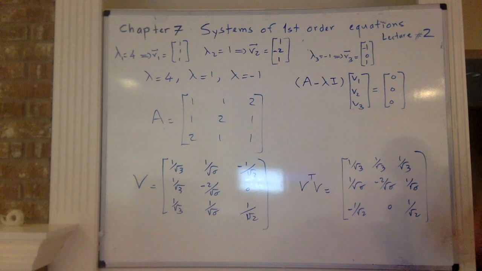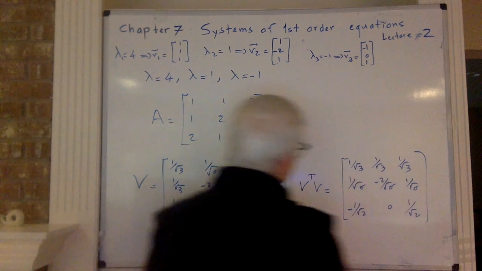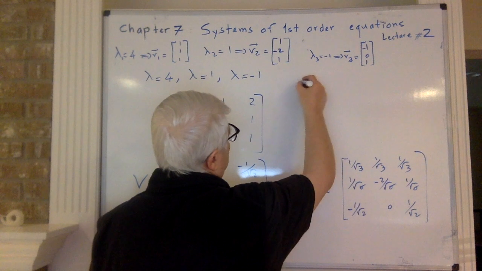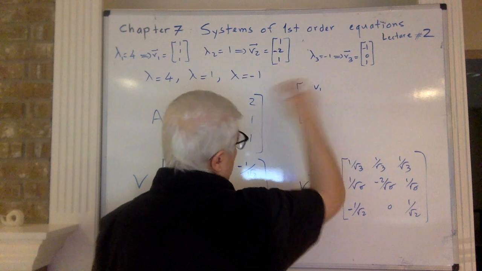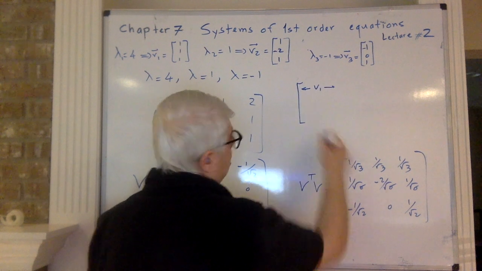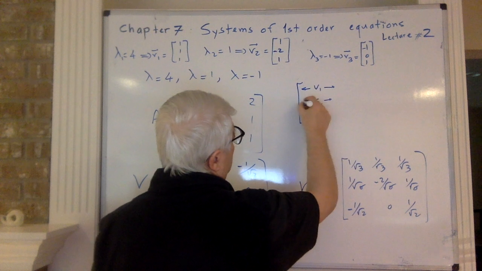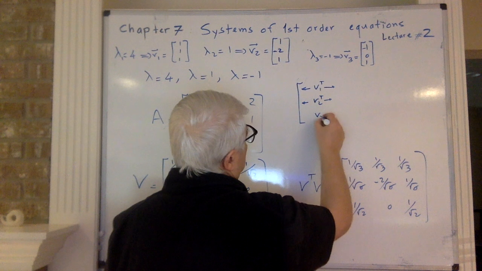So basically I have something like this. So if I put them together, I have this. The V transpose will be V1 transpose, as you can see that, then V2 transpose this way, and V3 transpose.